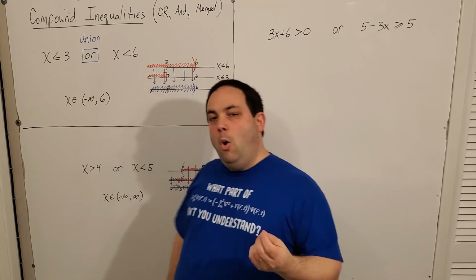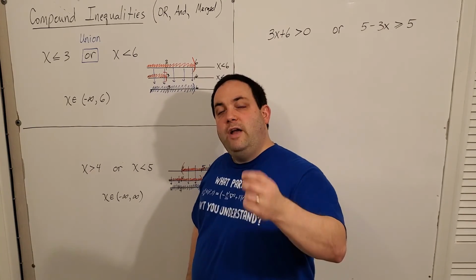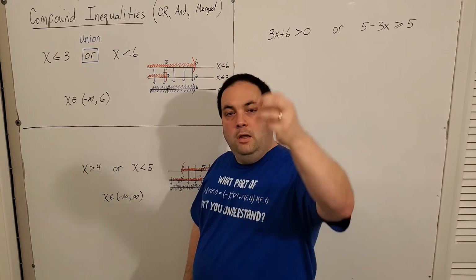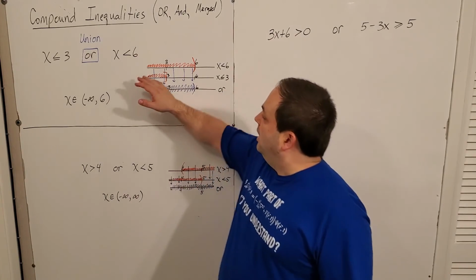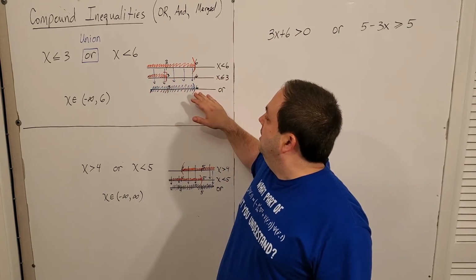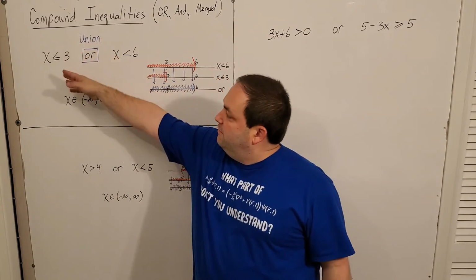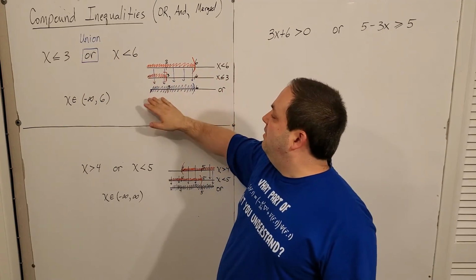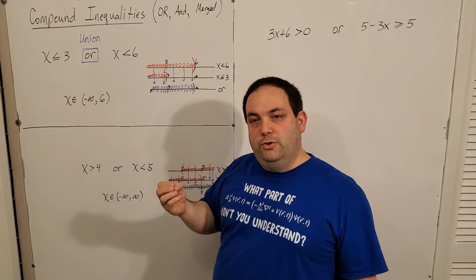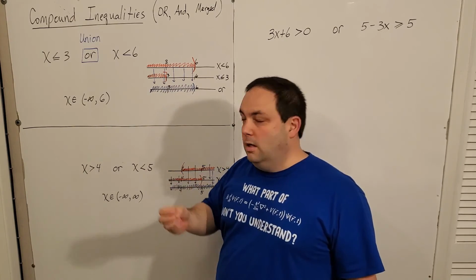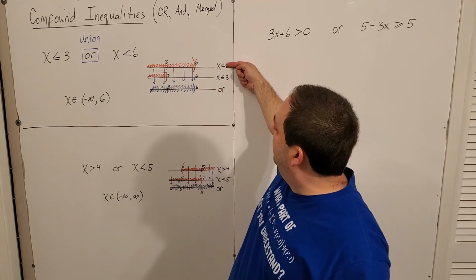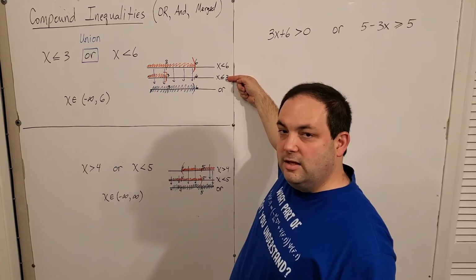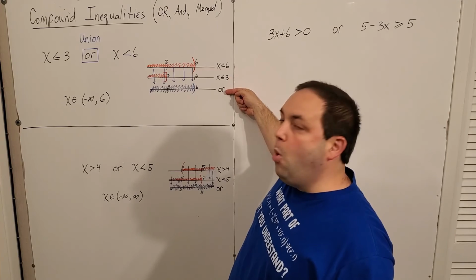Great. Or if you prefer, I've got what I call the 3-line combine, right? The 3-line combine is when I draw 3 lines. The first 2 lines are the individual inequalities, and the third one is the merging of the two with whatever compound connector you have. In this case, or. So you notice I've got x is less than 6, x is less than or equal to 3, and then I've got or.